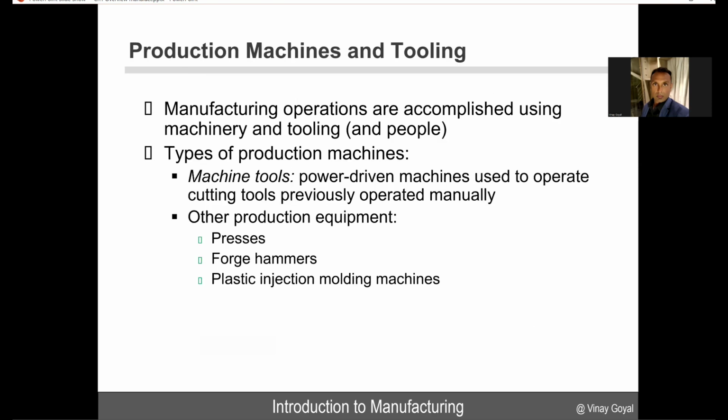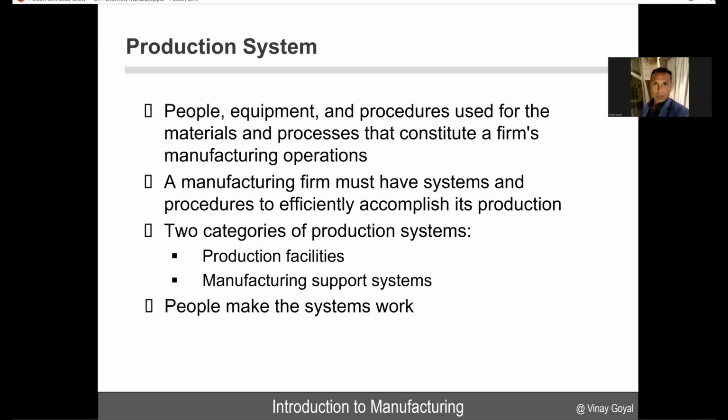Production machines and tooling. Manufacturing operations are accomplished using machining and tooling. The types of production machines include machine tools, like power-driven machines used to operate cutting tools that were previously operated manually. They're more automated today. Other production equipment can include presses, forge hammers, and plastic injection molding machines. For the production system, people, equipment, and procedures are required. In a lot of cases, you need certification to ensure consistency in the production of these structural systems.